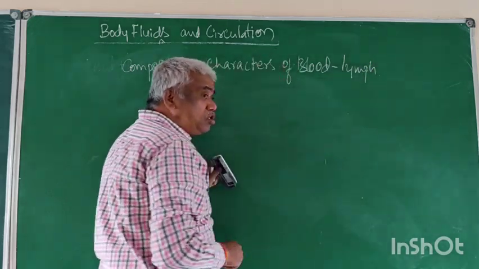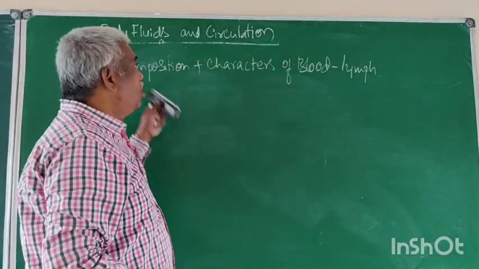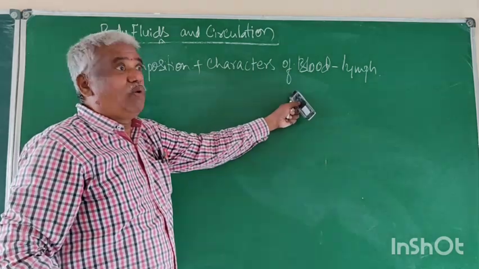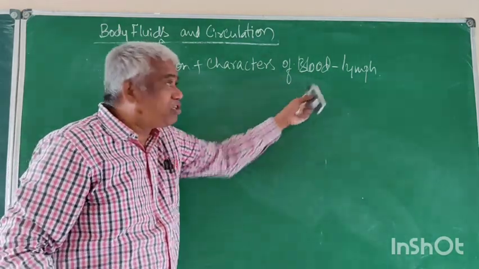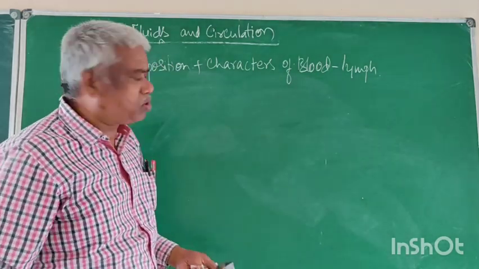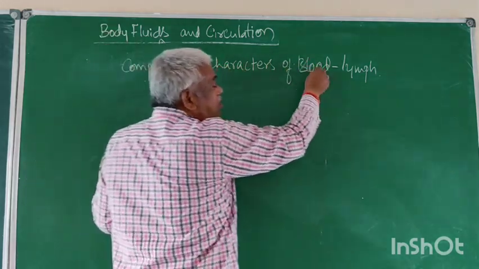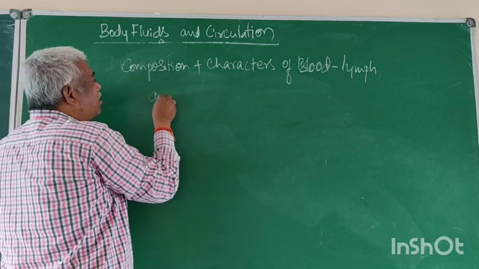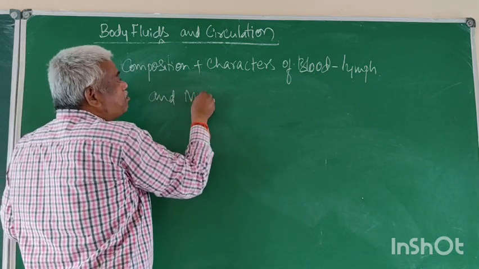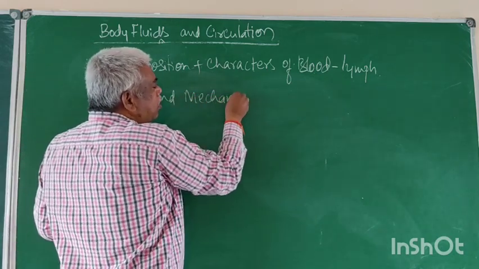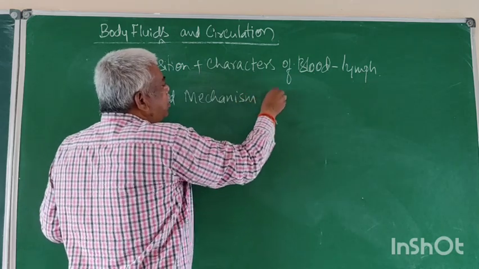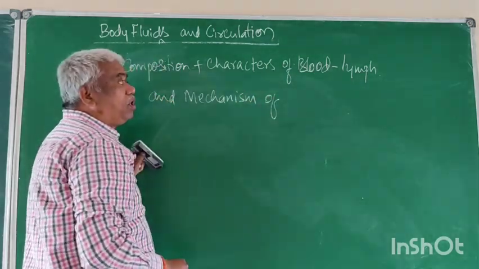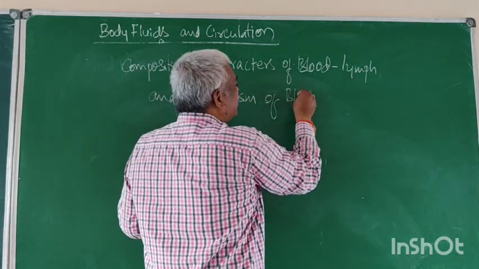Right. In this chapter we can discuss what is the composition of blood, the definition of the blood, definition of the lymph. We can discuss everything. No doubt. Now, what are the characters of blood? And the mechanism of blood circulation.